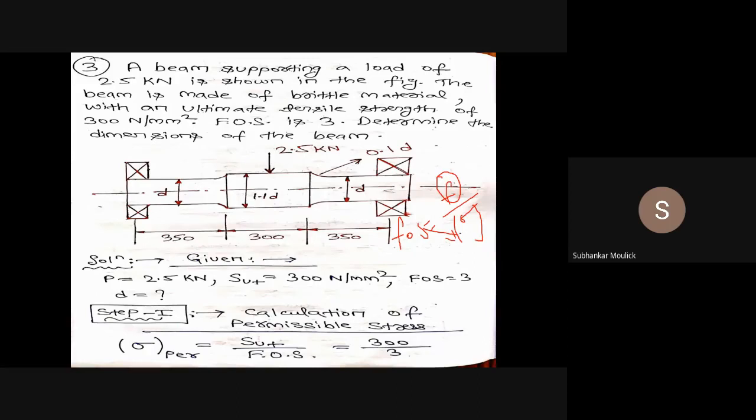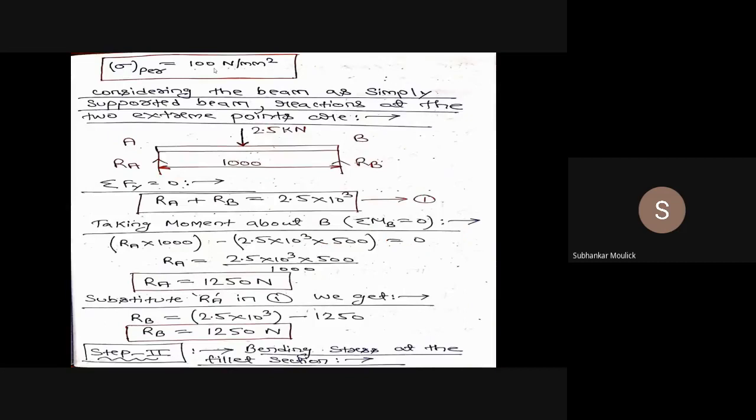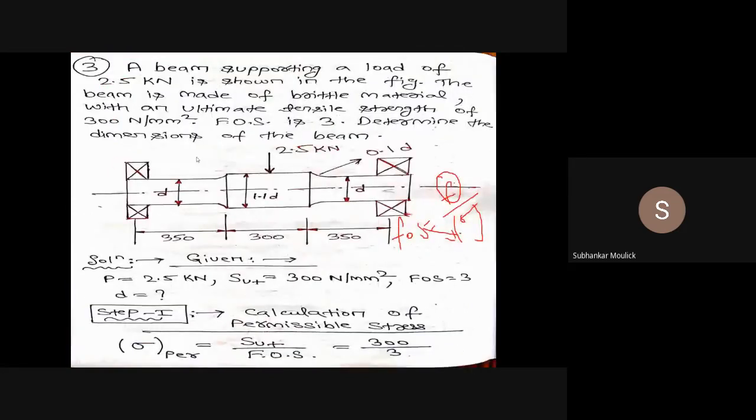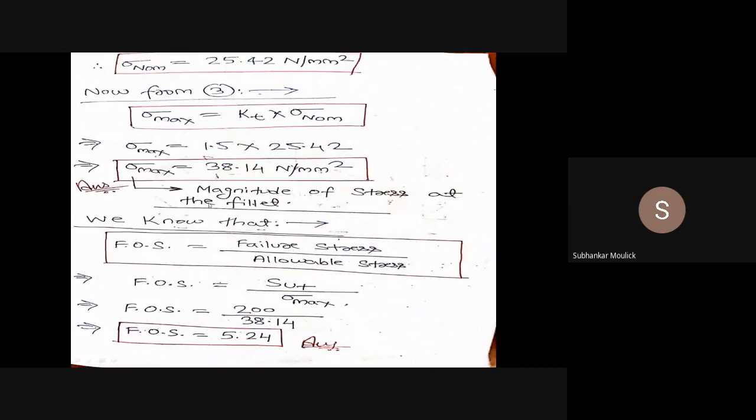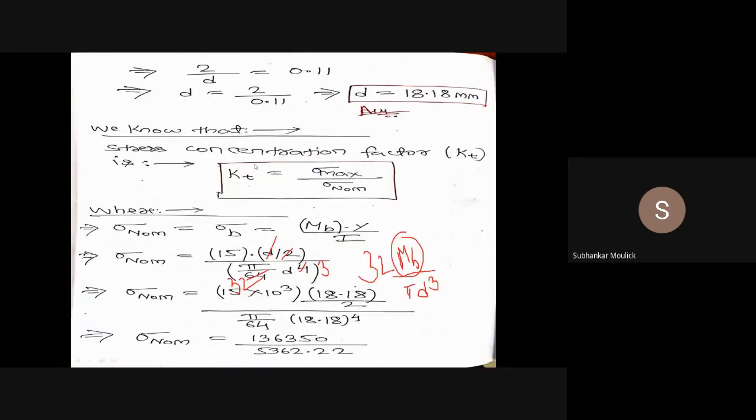So the permissible stress in the entire problem is how much? 300 by 3, that is 100 Newton per millimeter square. That means the maximum permissible bending stress for this entire problem is 100 Newton per mm square.